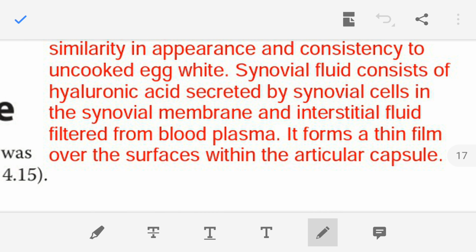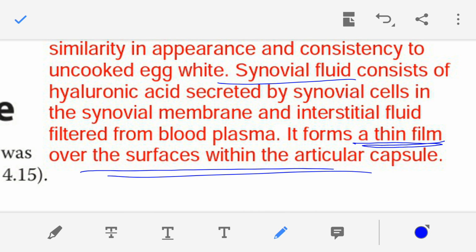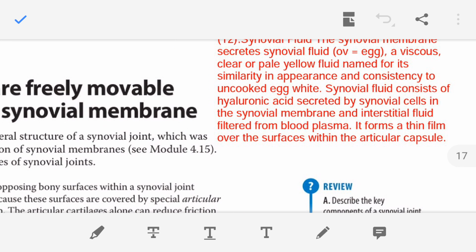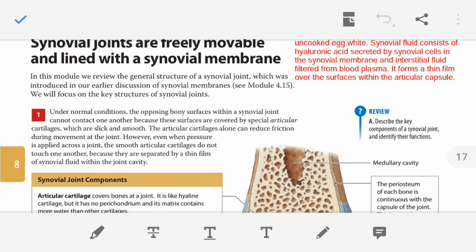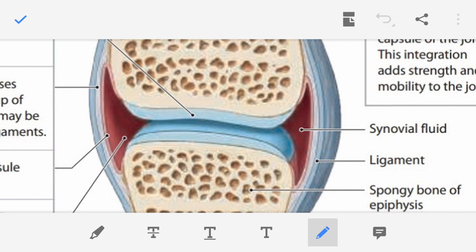Now what is this synovial fluid doing? It is forming a thin film over the surface of the articular capsule. So bones are joining in the synovial joint, and the synovial fluid is forming a thin film.